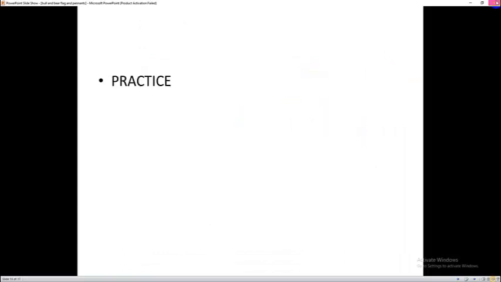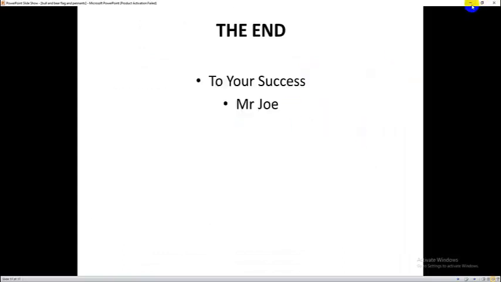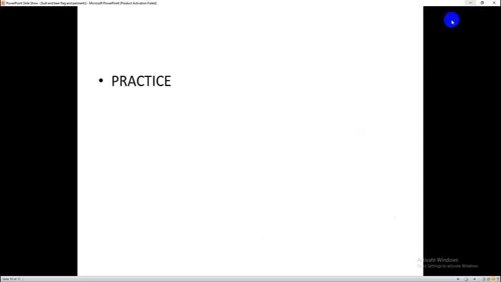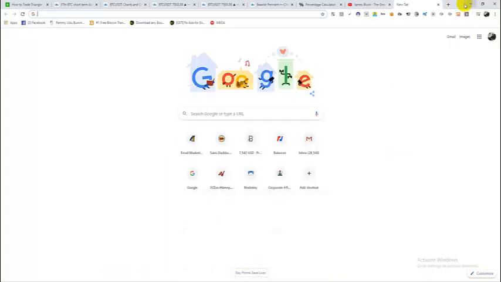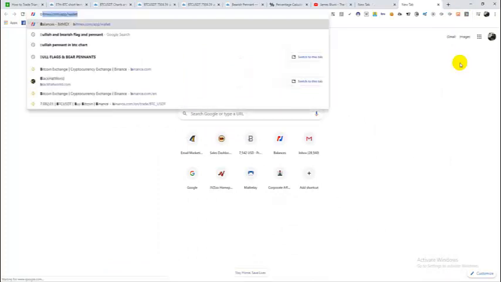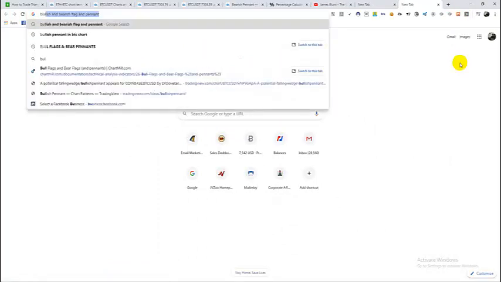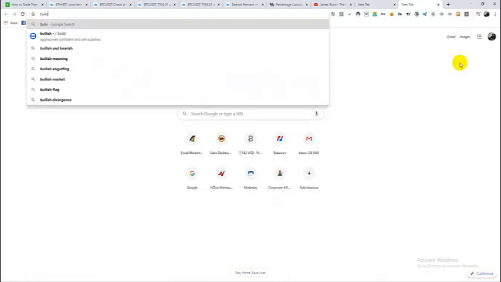So let's go to our charts and practicalize this. But I think there's something I did not show you in this material, which is I was just using the triangle, which is like the pennant. I did not actually show you a live chart of how the bullish and bearish flag looks like.